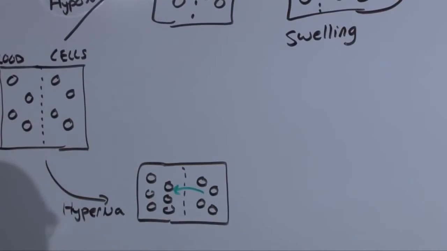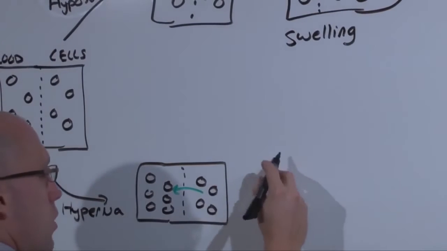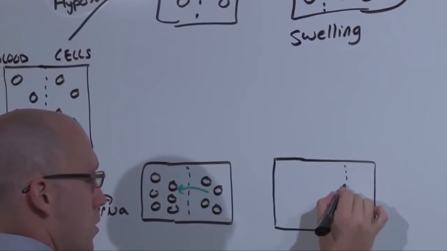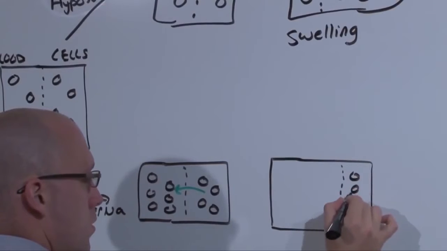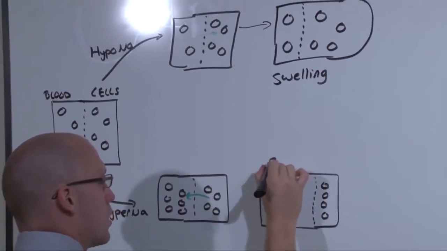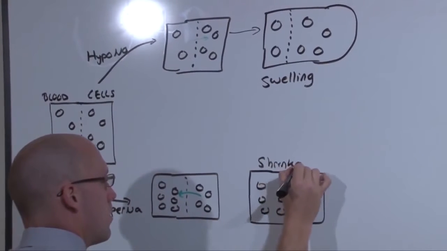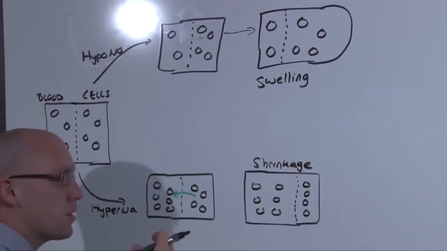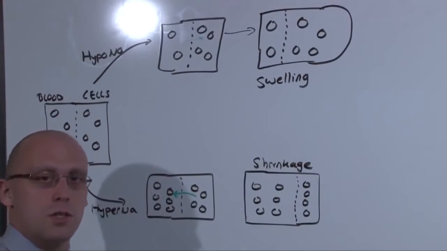Water is going to come out of the cells. That causes the cells to shrink, which balances out the tonicity, but shrinkage is bad, and that causes symptoms.